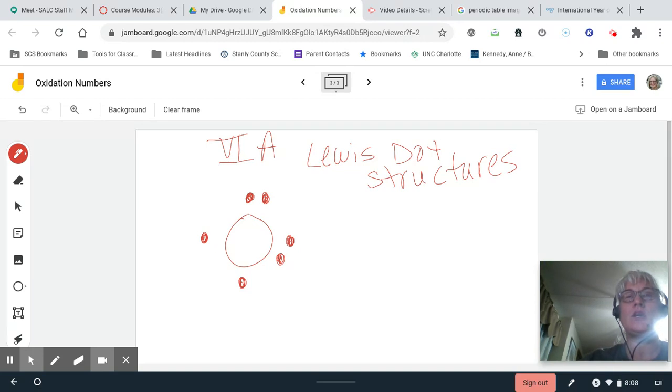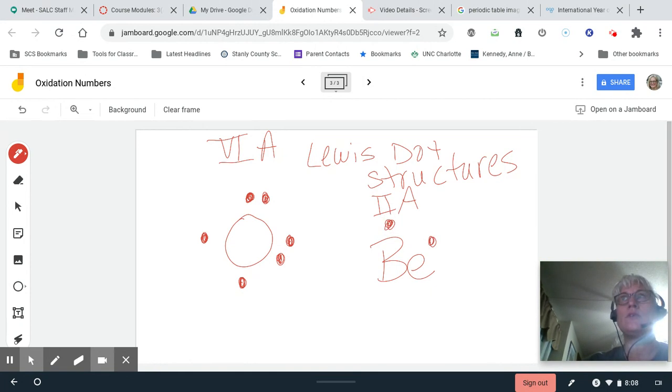We're going to use this to see how atoms are bonding. Let's take beryllium, Be. It is in group 2A, so it has 2 valence electrons.